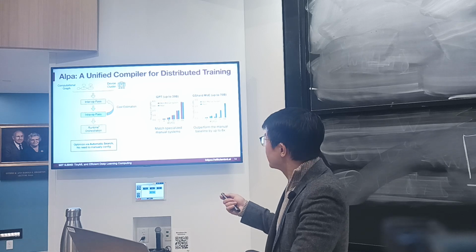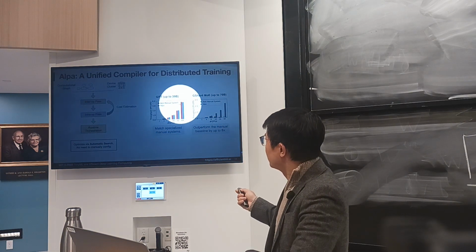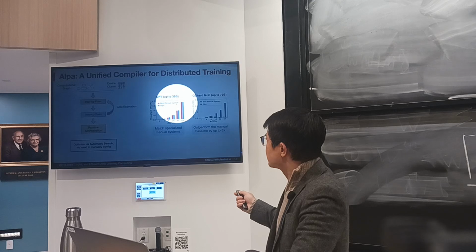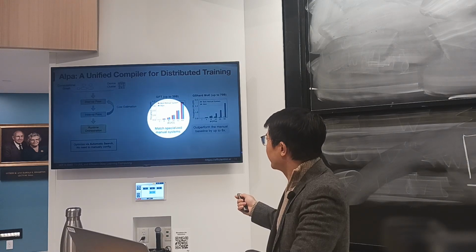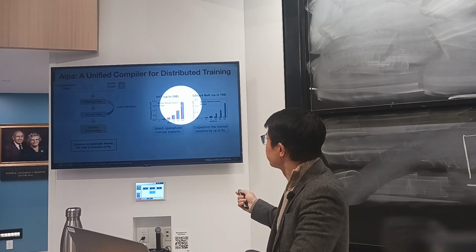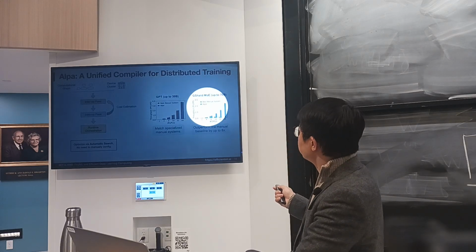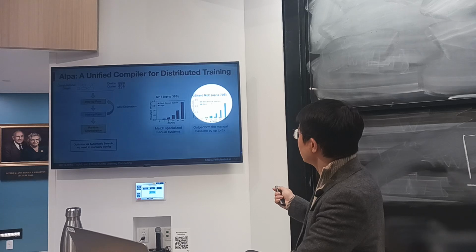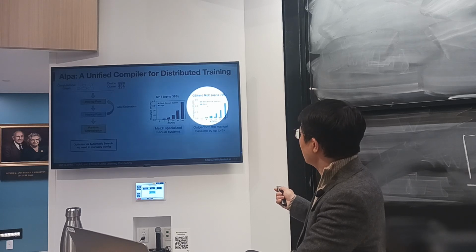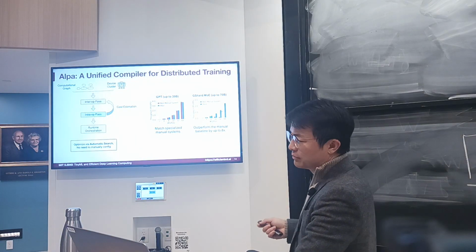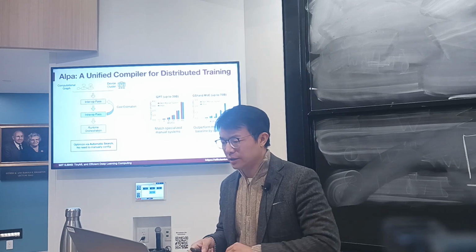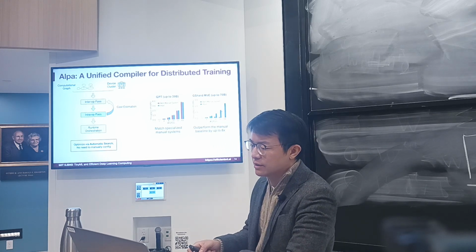And it can match almost perfectly with the best manual design system across 1, 4, 8, all the way to 64 GPUs. This compares the best manual system versus Alpa, and Alpa can achieve a much higher throughput compared with the best manual system.